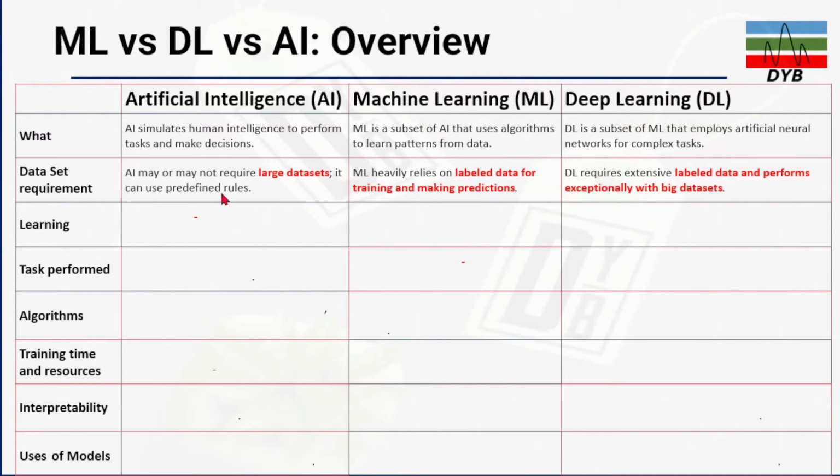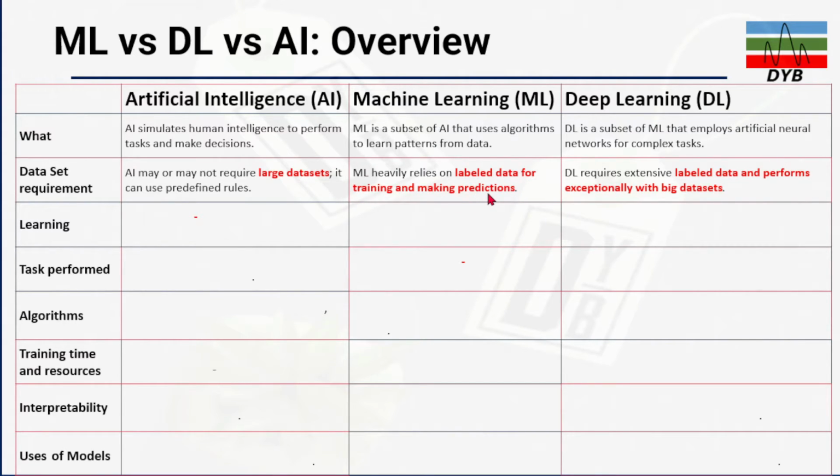For the data set requirement, AI does not require a large data set because it can use predefined rules. You have some data, but you can define some rules, and it can use those rules to perform on that data. ML, which is machine learning, heavily relies on labeled data for training and making predictions.